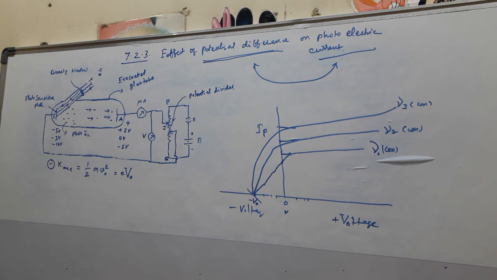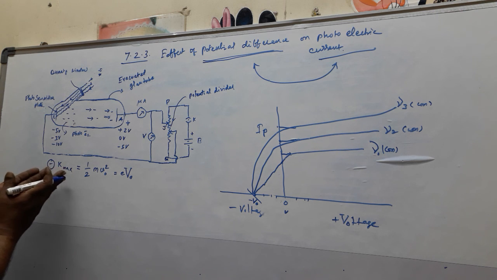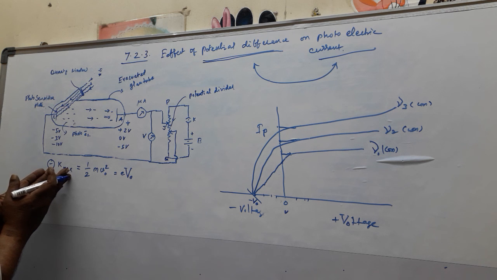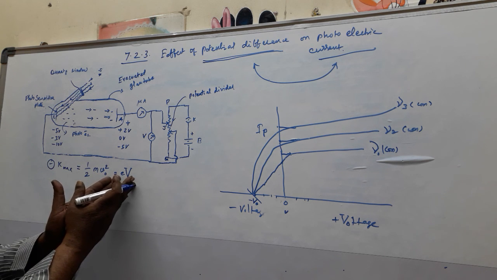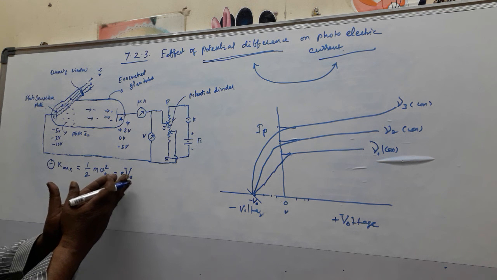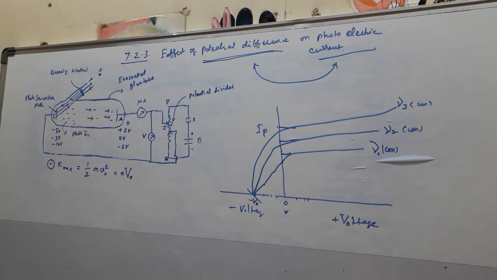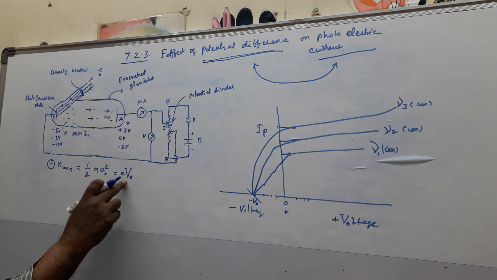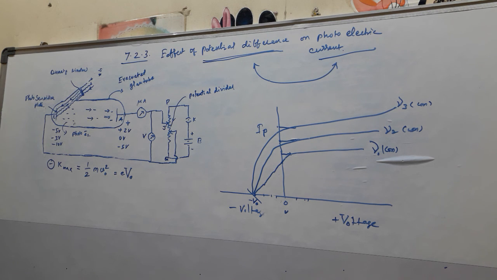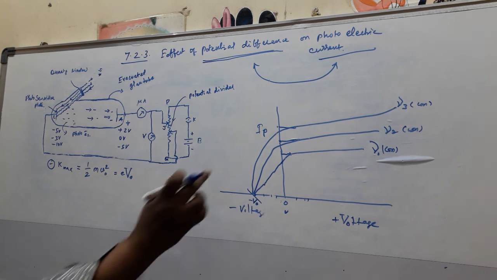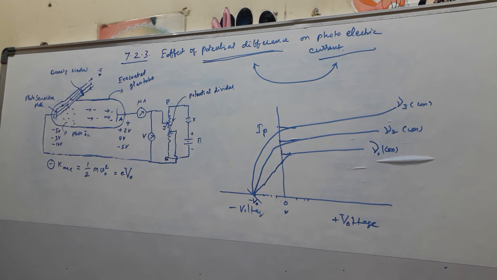That means whatever it may be, the highest or maximum kinetic energy is stopped by means of work done by this anode terminal, or because of this negative voltage. That's a very important concept. Whatever the kinetic energy may be, that's why this voltage is called stopping voltage.